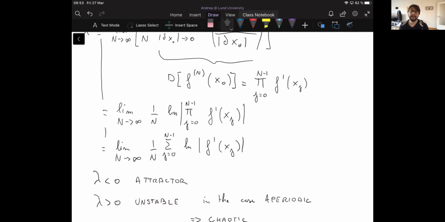Because you have to take these limits, and you cannot really do it analytically, because these limits don't mean much analytically. Since your system is aperiodic, it's not that you will have a fixed solution after an infinite number of steps. So you have to really track it step by step.